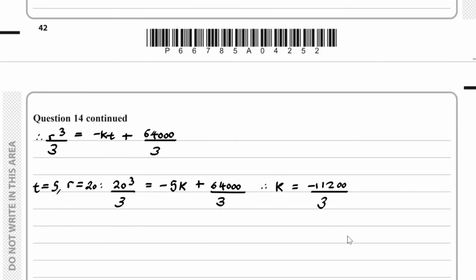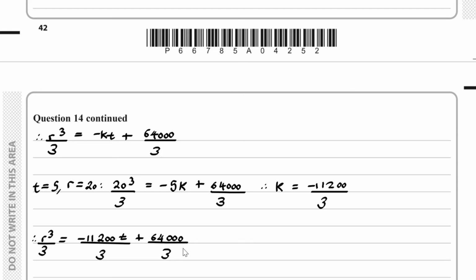And knowing the value of k and knowing the value of a, we can therefore conclude r cubed over 3 is equal to minus 11200 t over 3 plus 64,000 over 3.